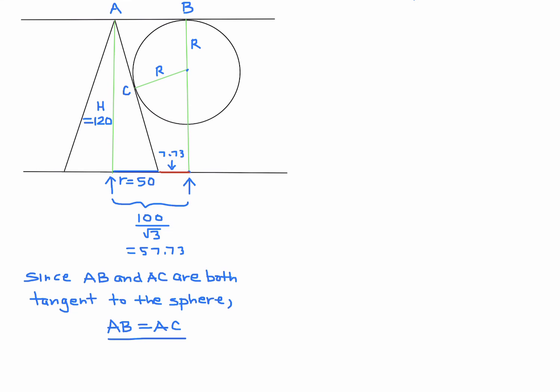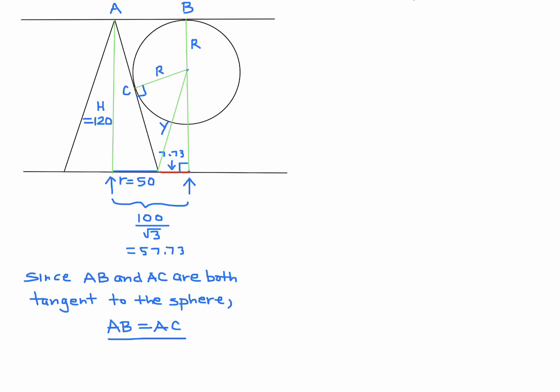So now we have to figure out R. So what I would like to do is draw a line from the center of the sphere down to this point right here. And the reason is that's going to help me figure out R. And I will label that distance Y. Okay? And then this is, of course, a tangent point, C, so that means that is a right angle. And this is a perpendicular that we had drawn earlier, so that is a right angle.